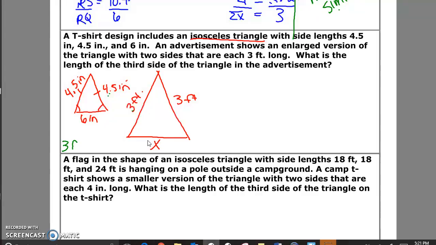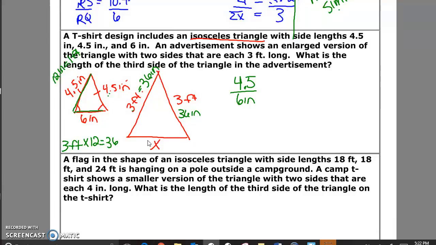So 3 feet, we know there's 12 inches in 1 foot, right? So 3 feet times 12 gives us 36 inches. So setting up a proportion, we've got in the smaller one a side that's 4.5 inches and a side that's 6 inches, noticing how it's the bottom there.